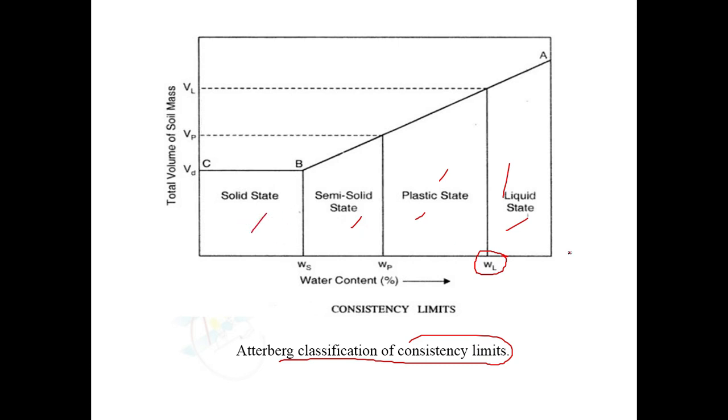The water content between liquid state and plastic state was called liquid limit, between plastic state and semi-solid state was known as plastic limit, and between semi-solid state and solid state was known as WS, that is shrinkage limit.